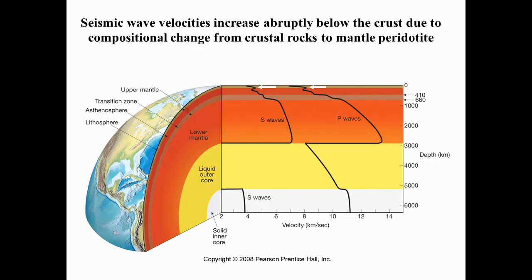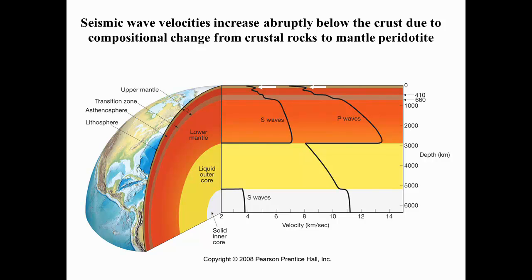Now here's a cutaway view of the Earth, and here we're looking at two different curves, one for the velocity of P waves and one for the velocity of S waves. And the actual values for velocity are given on the scale at the bottom of this figure, ranging from 2 to about 16 kilometers per second. And notice that overall P waves travel about twice as fast as S waves.